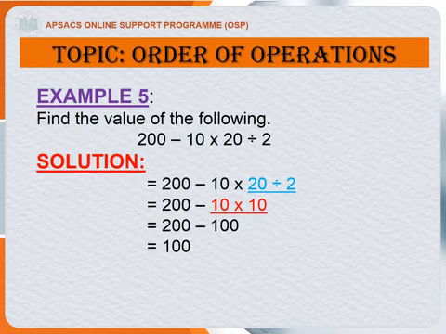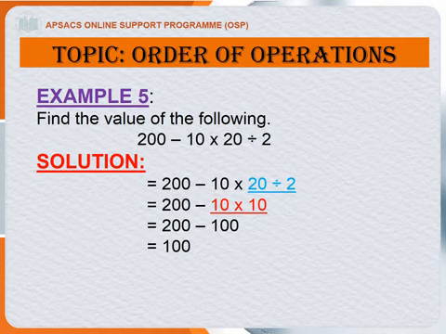Example number 5. Find the value of the following: 200 minus 10 multiply 20 divided by 2. So according to the rule of DMS, we will solve division first. 20 divided by 2. The rest of the numbers you have to write the same. 200 minus 10 multiply 20 divided by 2. Solve 20 divided by 2.